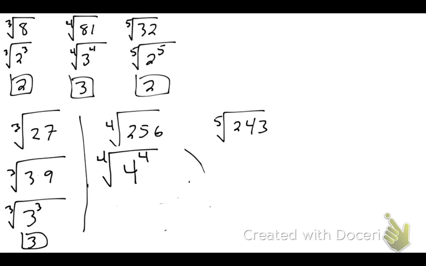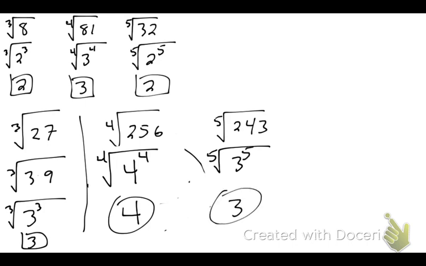If 256 is 4 to the 4th, that means the answer is just 4. 243, if you broke that one down correctly, you'll find that that is 3 to the 5th. Which means the 5th root of that is just 3. Now someone's probably thinking, yeah, but how do you just know that? You know that by doing a lot of division and breaking numbers down into the component parts.